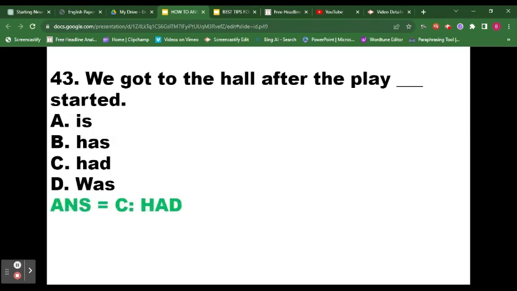After the play had started, you use the past perfect to talk about two actions in the past, and to specifically talk about the first action. Getting to the hall is one thing, then the play starting. So two things are talked about, and we use had for the first one.